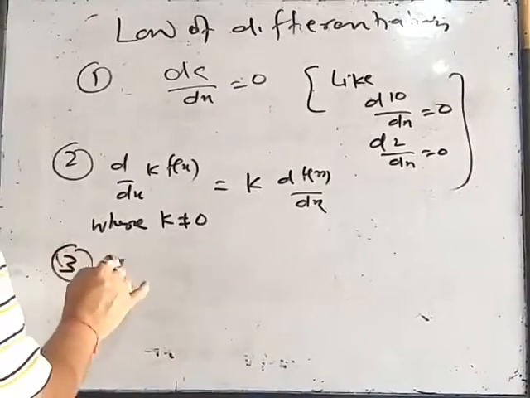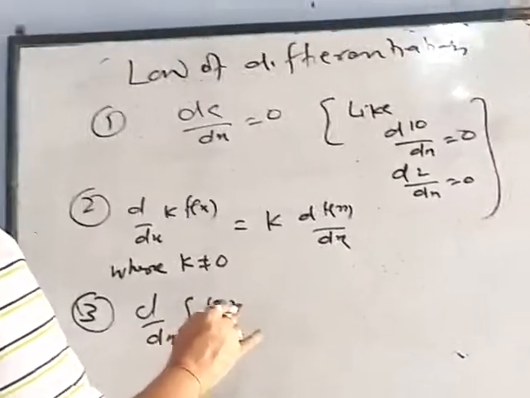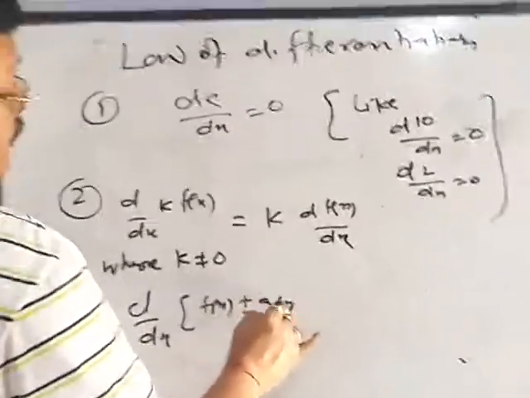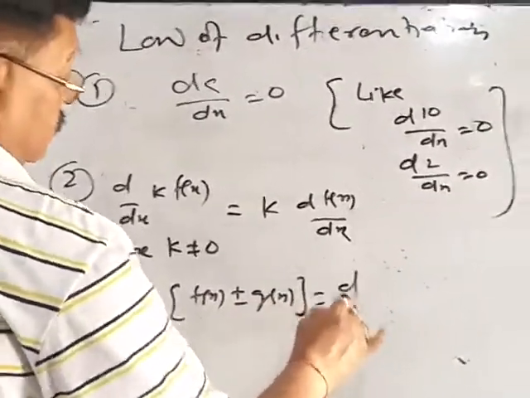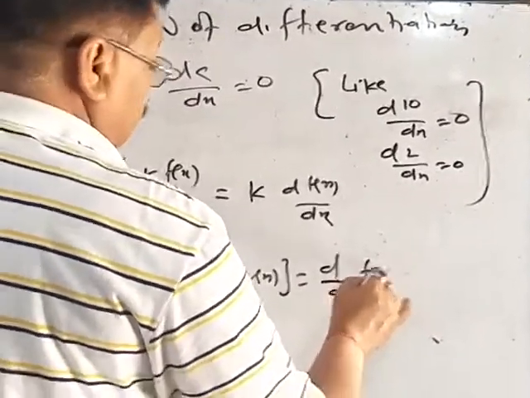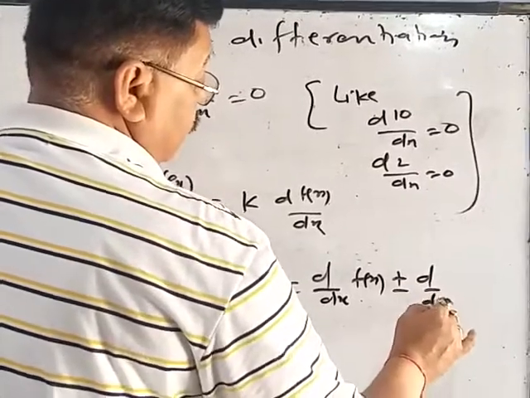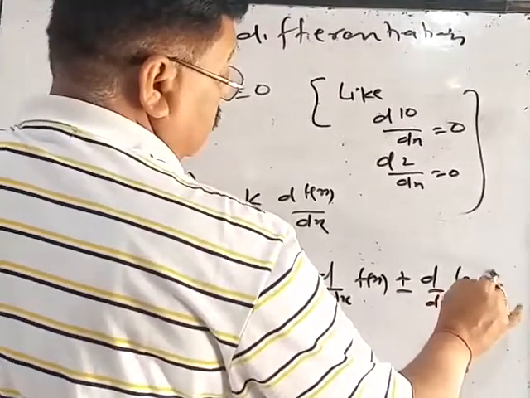Third, d by dx of f(x) plus minus g(x) is equal to d by dx of f(x) plus minus d by dx of g(x).